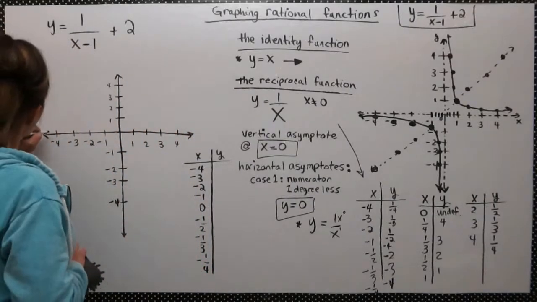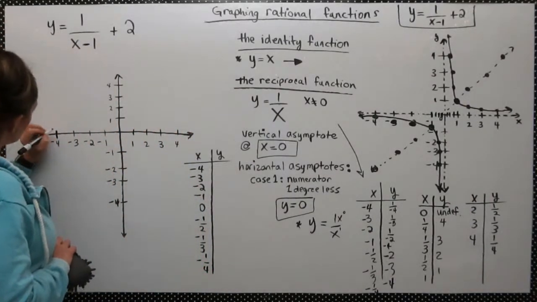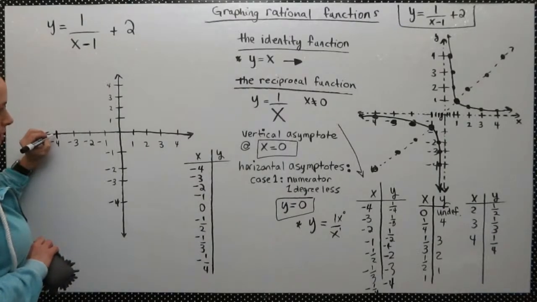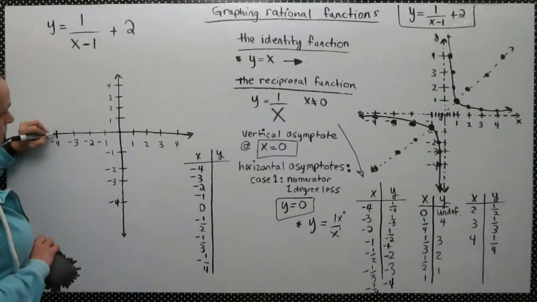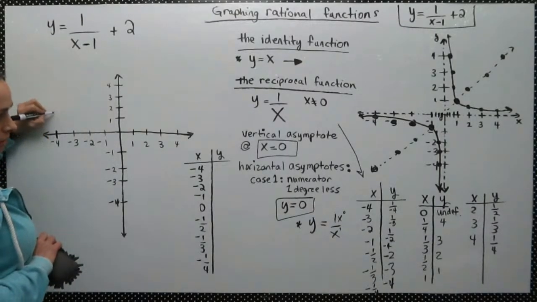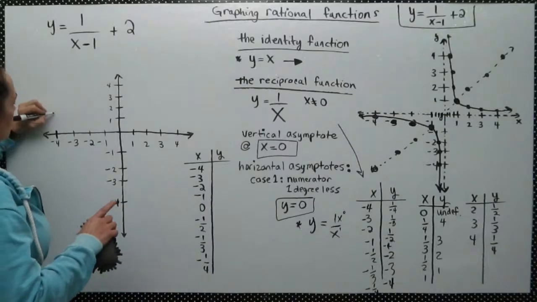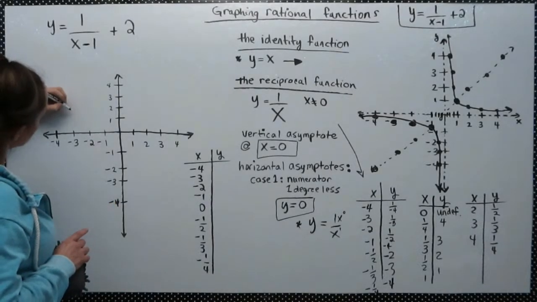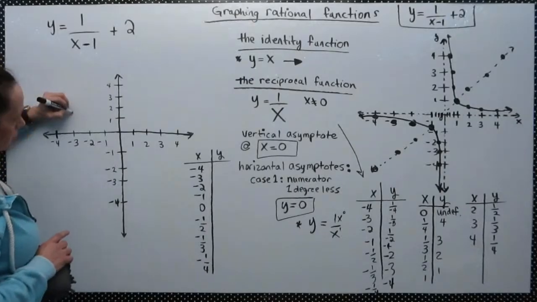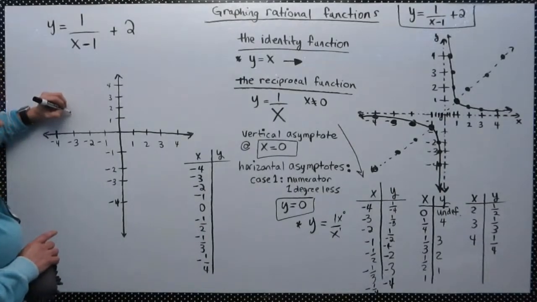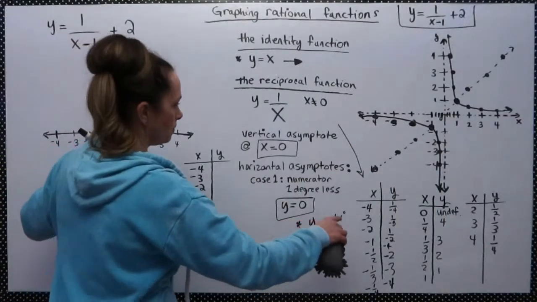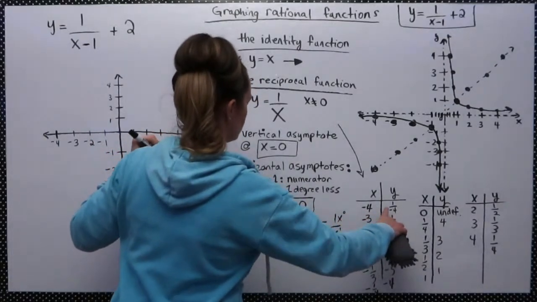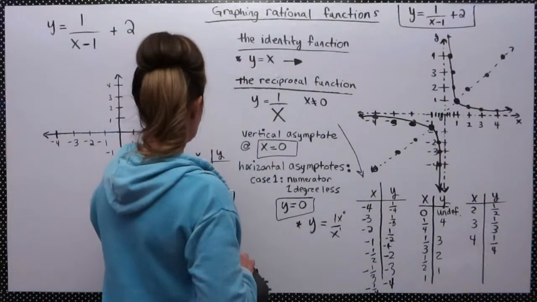If we take this point right here, -1/4, we could just shift it up 2 and to the right 1. So instead of negative 1/4, it's 1/4.